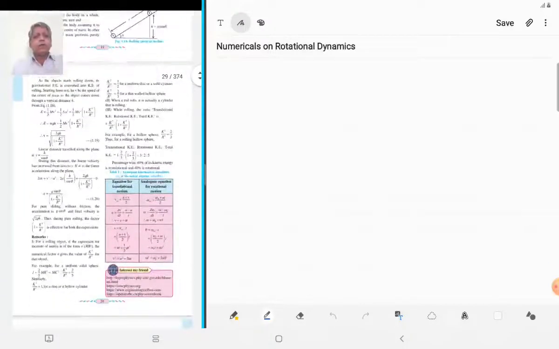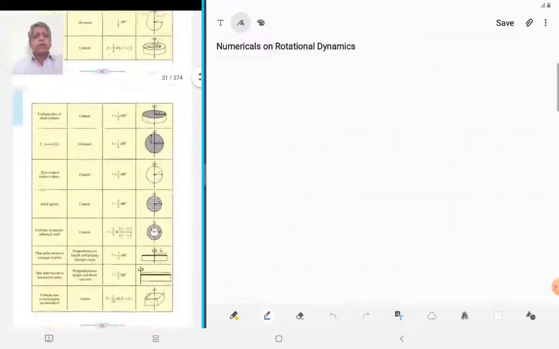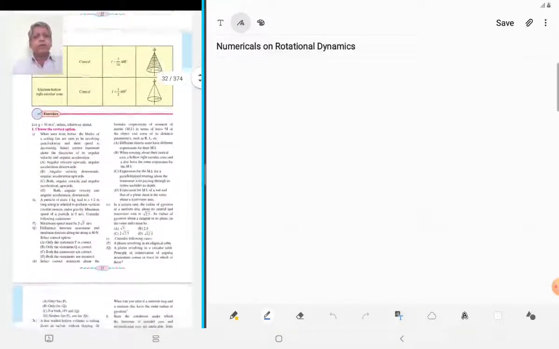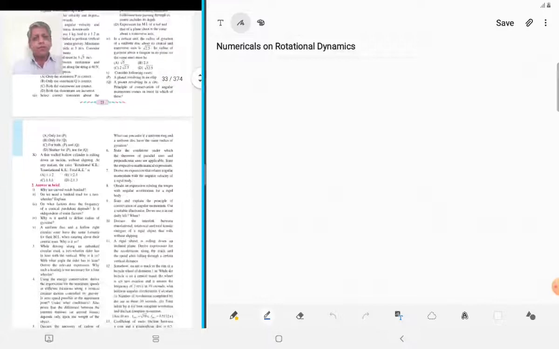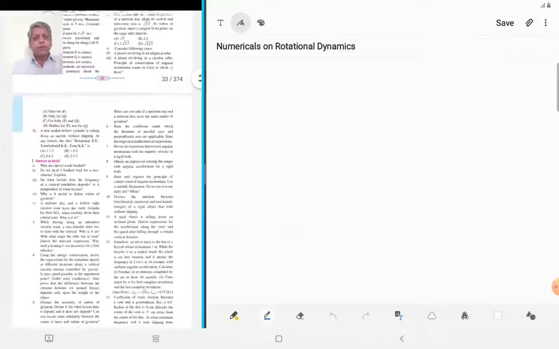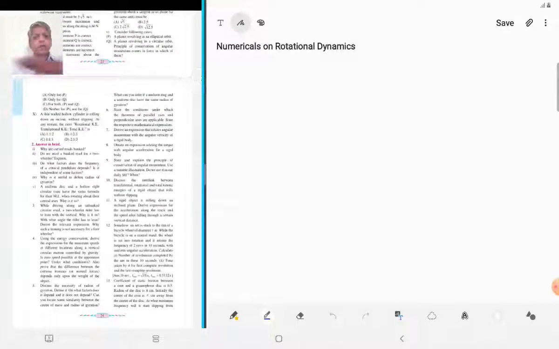Up to question number 11, there are theoretical questions, and from question number 12 to question number 22, there are numericals. Those are unsolved numericals.